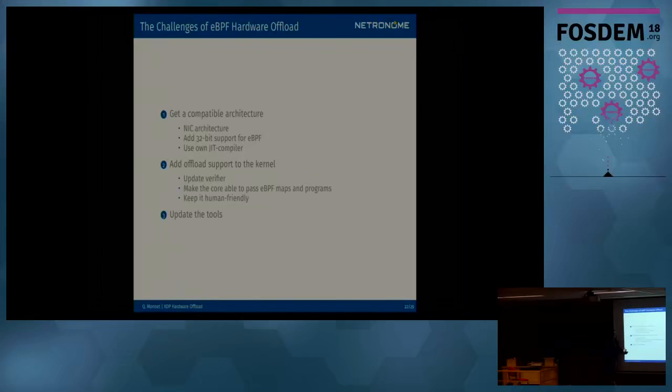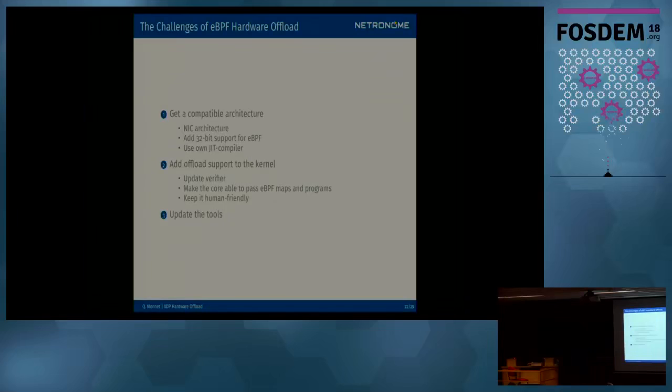So anyway, we have our architecture. We have offload supported in the kernel now, and we still have to update the tools that we need to use to work with BPF. For example, I'm using TC for offloading programs. I'm using the IP command from the iproute2 package to attach XDP programs. By default, those tools do not support BPF offloads.